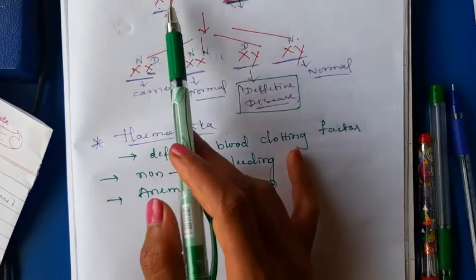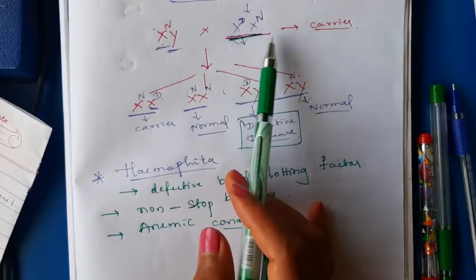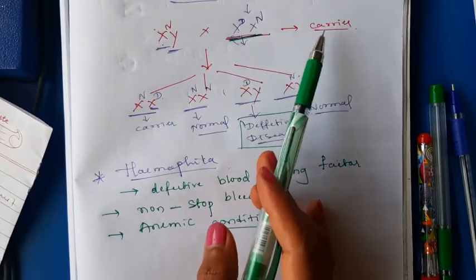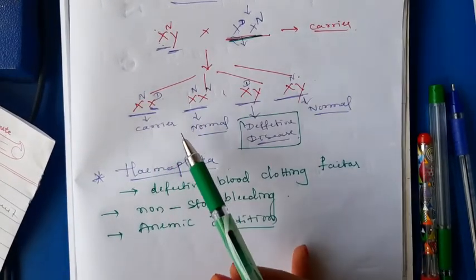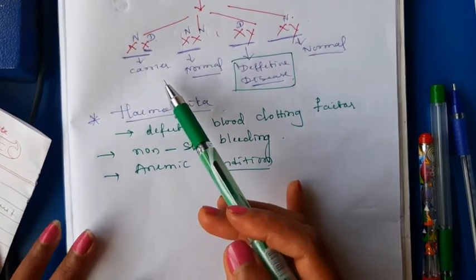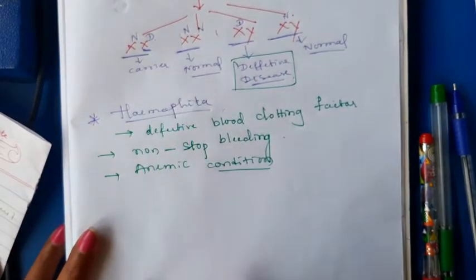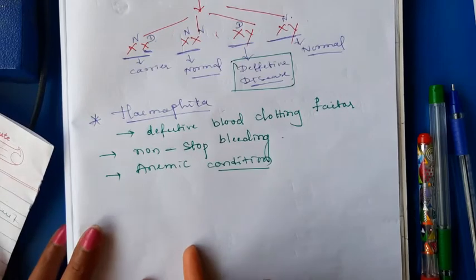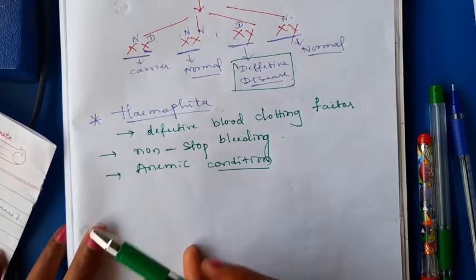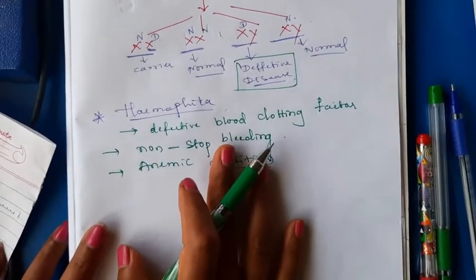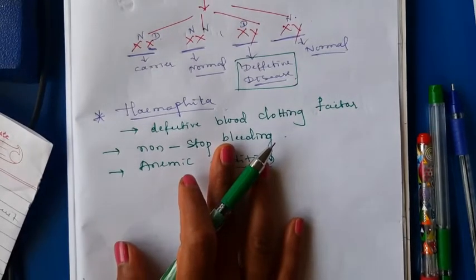When the father has the defective gene and the mother also has the defective gene, then only the female can get the hemophilic condition.